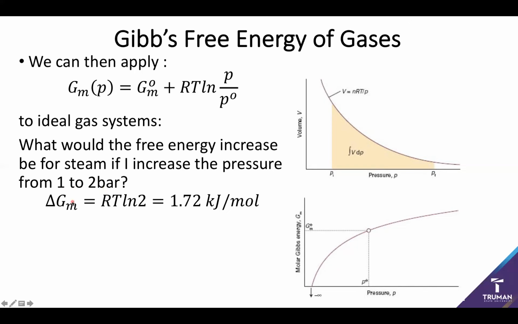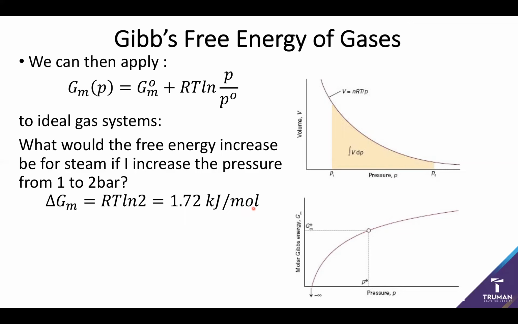Well, in this case, it ends up being RT ln of 2, because again, RT doesn't change, ln of 2 over 1, so this ends up having a value of 1.7 kilojoules per mole. Now, I want to emphasize that this is the same amount of free energy increase that I saw in liquid water if I went from 1 bar to 1,000 bar.